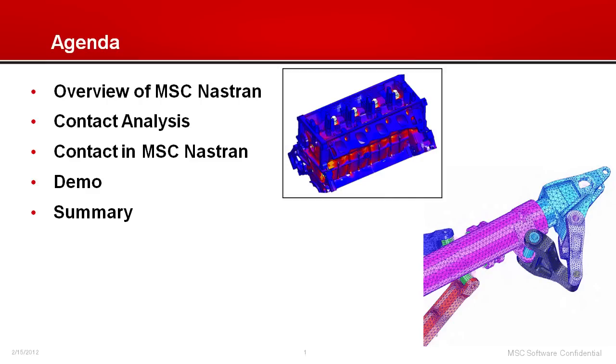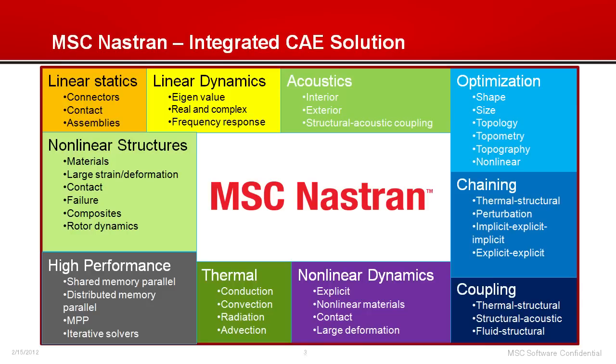So let me just start with the overview of Nastran. MSC Nastran started in the early 60s. It came out of a project at NASA. At that time, NASA was developing the space program, and each center was writing its own structural analysis package.